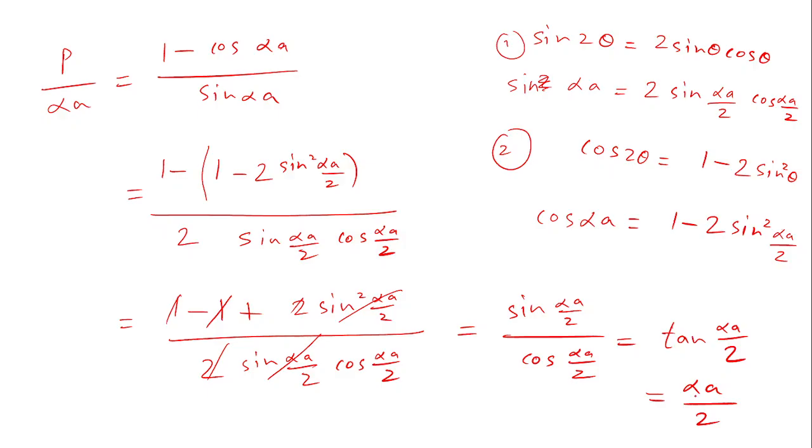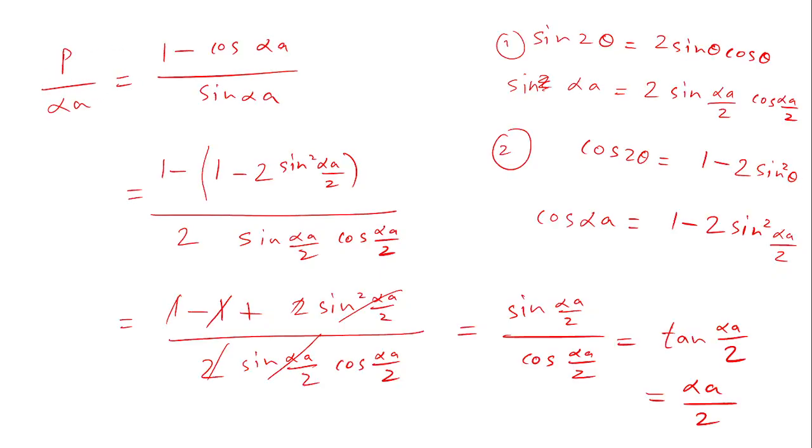So this is the value of P by alpha a, right? That means we have to equate this and this. We can directly write this because alpha a by 2 is very small. Only then is this approximation correct.